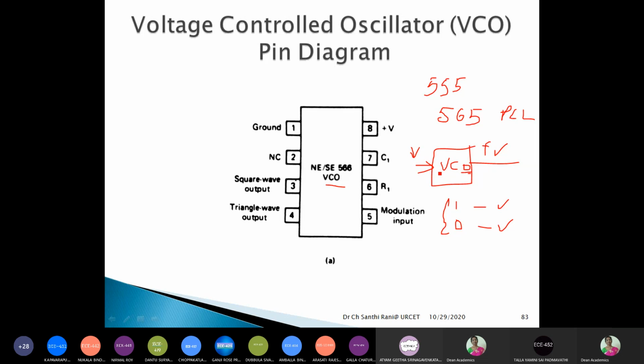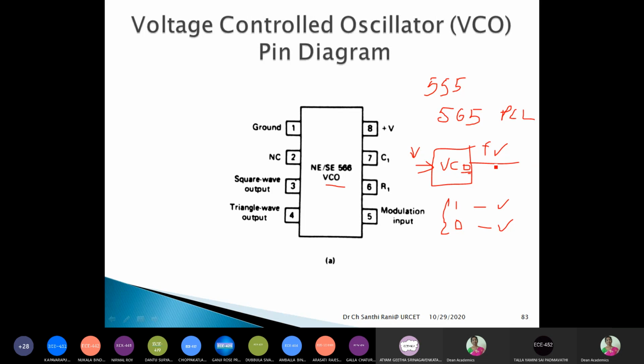Some applications require voltage to be converted into frequency, and for such applications we use this VCO. Therefore, VCO is also called a voltage to frequency converter.